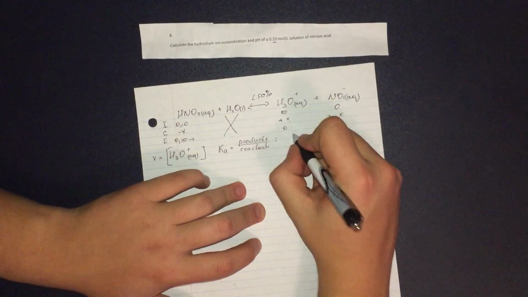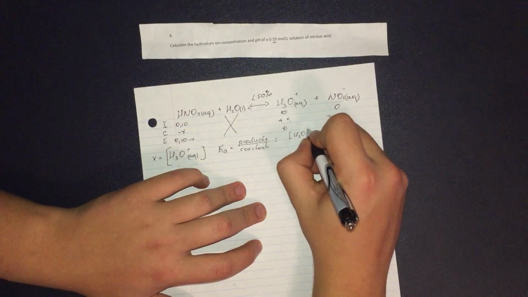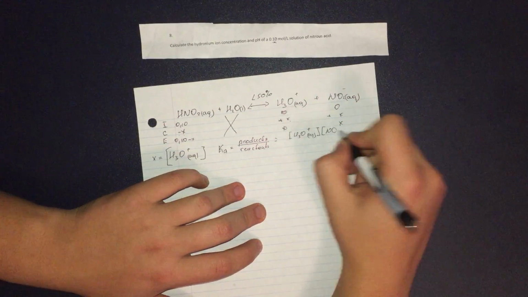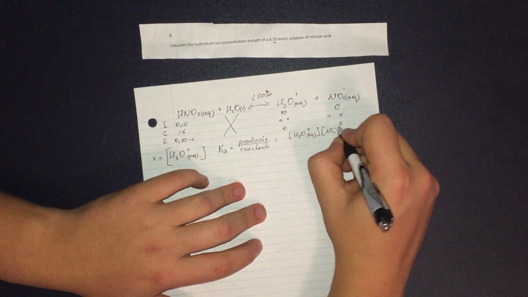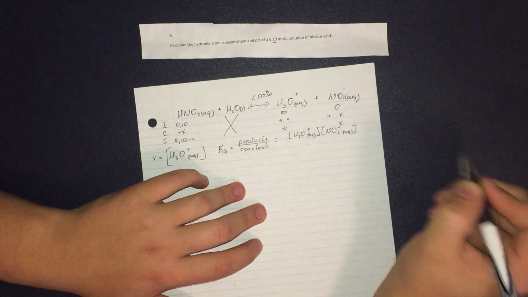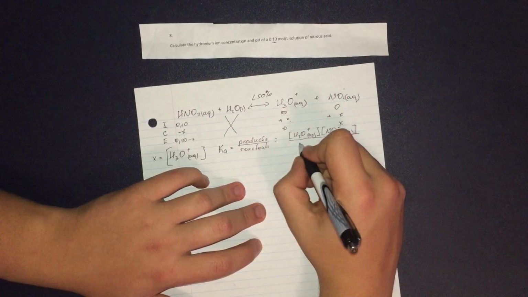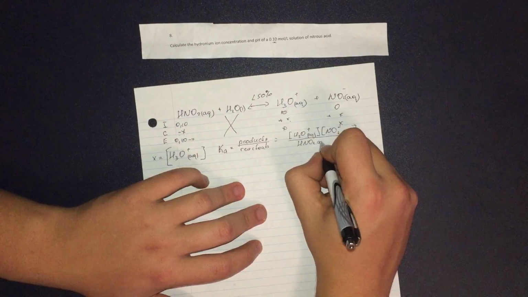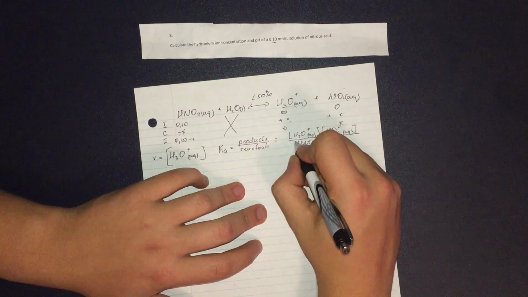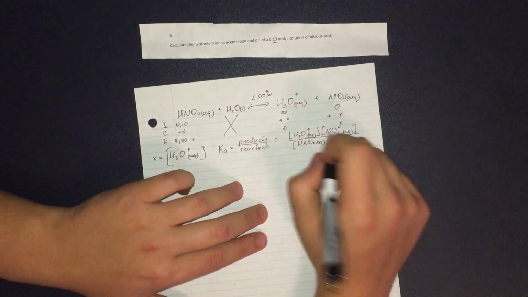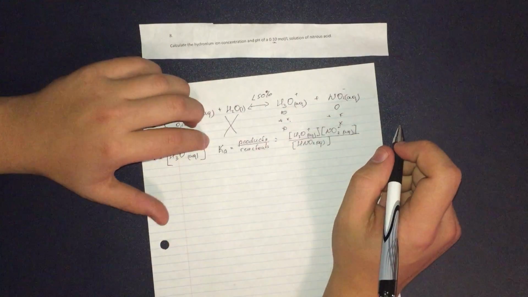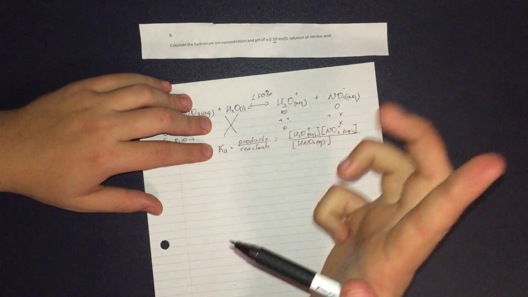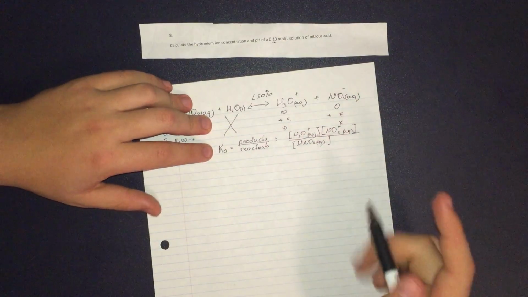That means H3O positive aqueous times NO2 aqueous negative, divided by HNO2 aqueous and nothing else, because in our K expression at equilibrium, in Ka we do not use two states, liquid and solid.